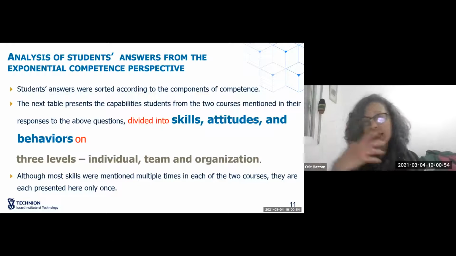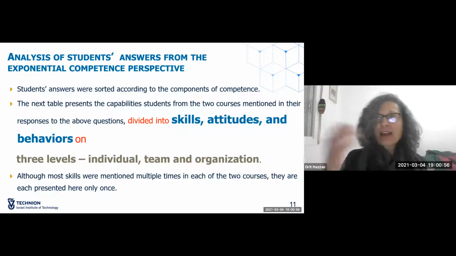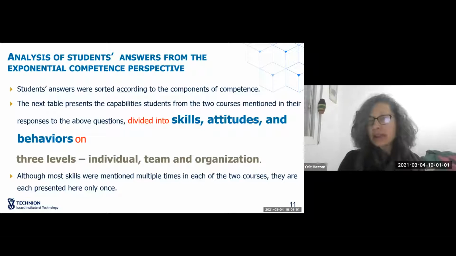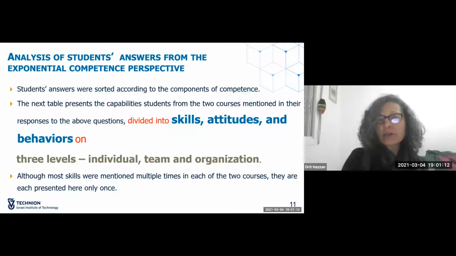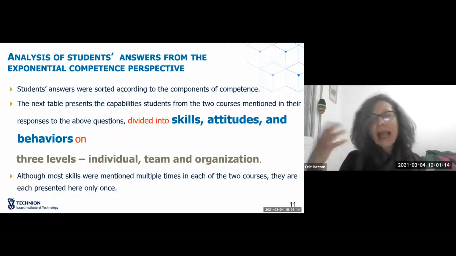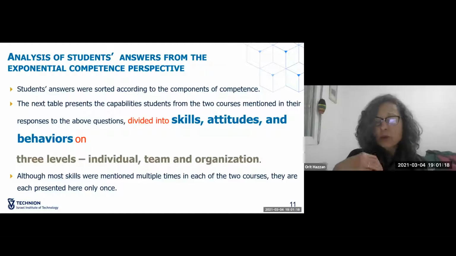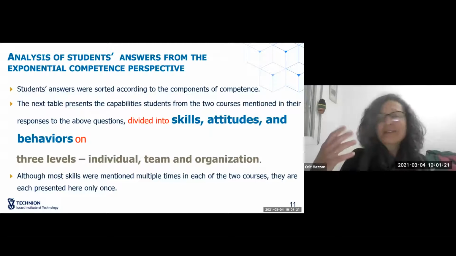Now I had many answers in different formats, and I looked at all these data, and I found out that sorting all this data according to skills, attitudes, and behaviors on 3 levels, individual, team, and organization, will highlight the fact that the exponential competence was learned, perceived, and got attention in this course.